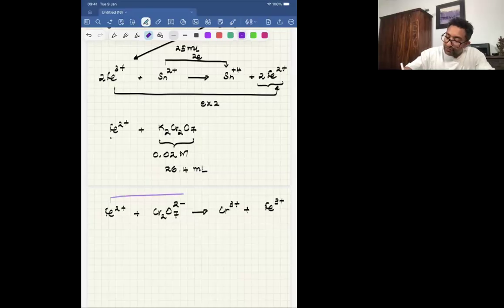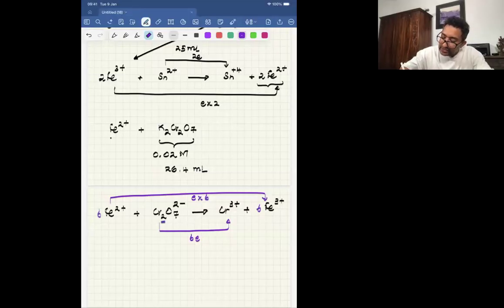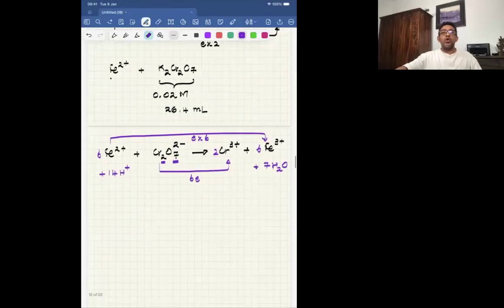Fe plus 2 to Fe plus 3, 1 electron. Dichromate is plus 6 to plus 3, 3 electrons. There are 2 atoms, so 6 electrons. Multiply the Fe by 6. To balance the mass, you have to multiply Cr by 2. Balance oxygen, you have to add 7 water. 7 times 2, 14 H plus. Now it balances hydrogen. Did you understand how to balance this?